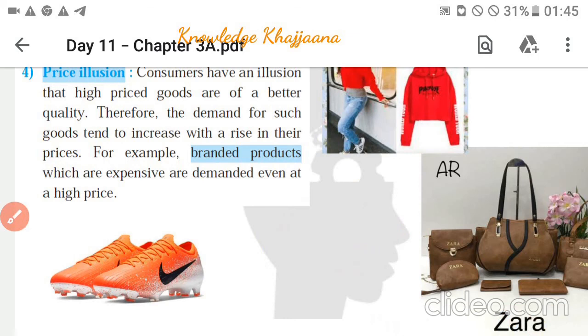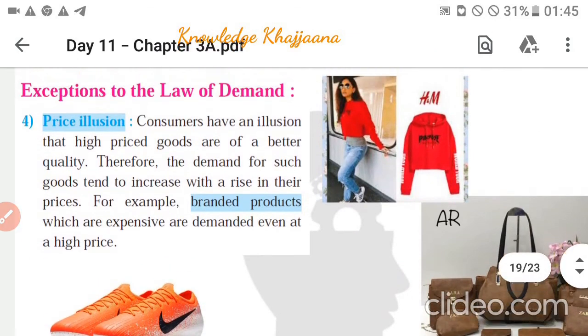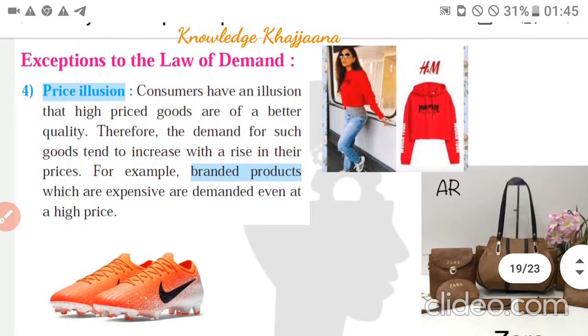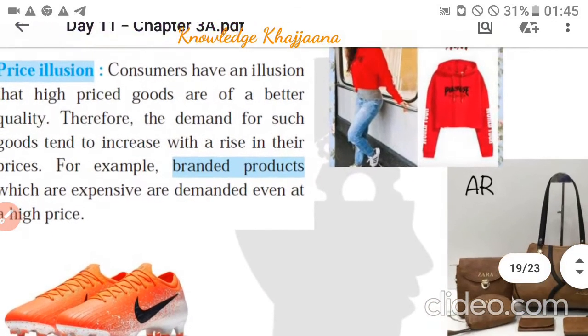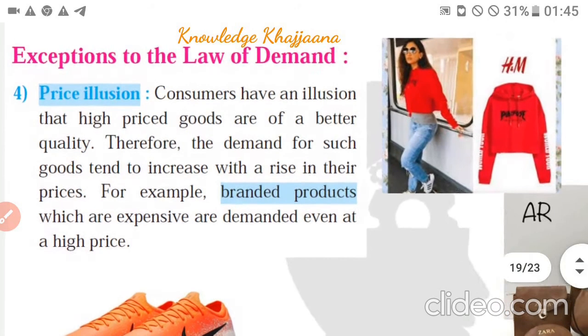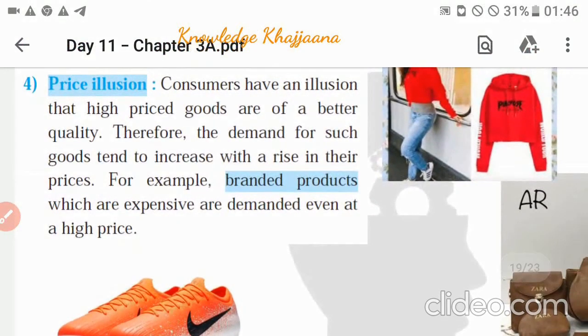They think that people will get impressed only if they use branded or costly products. So they have the illusion that high priced goods are of better quality, and the demand for such goods increases with the rise in price.